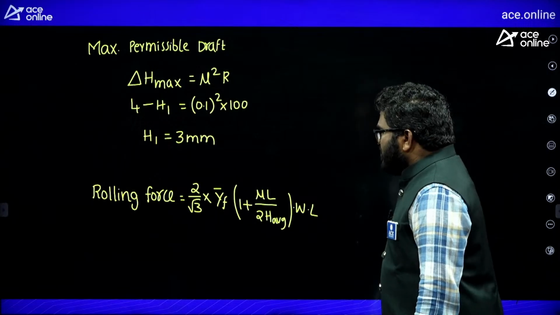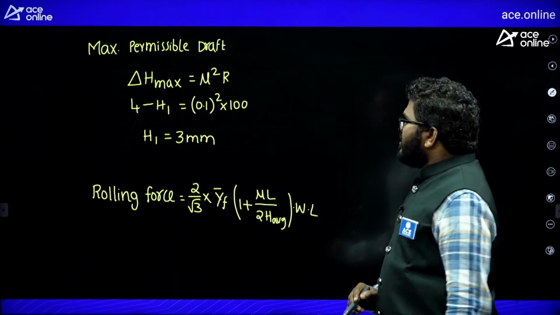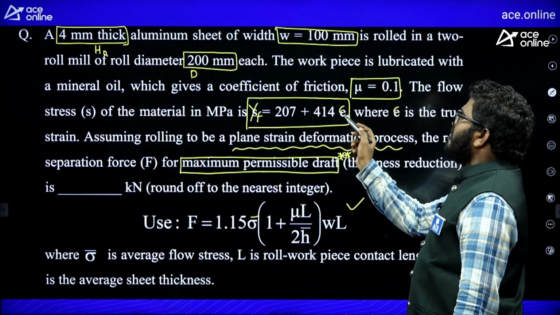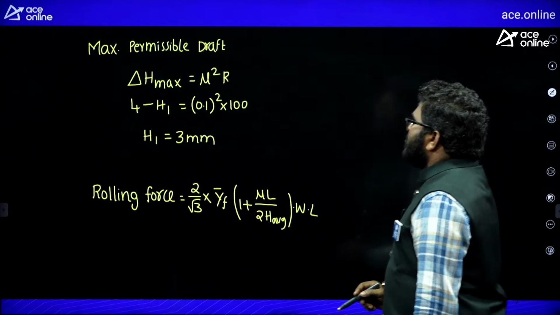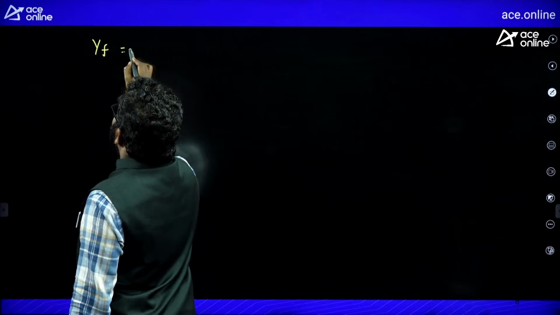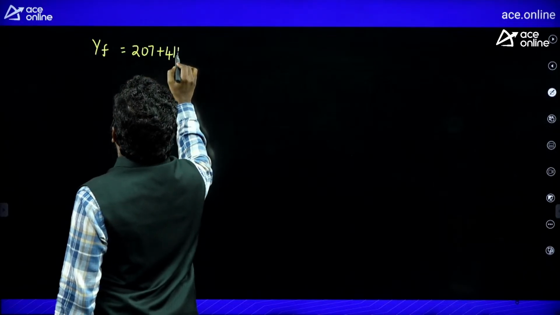Now in the question y bar f is not given. Instead of giving y bar f, the flow stress is given. So flow stress YF is equal to 207 plus 414 epsilon.